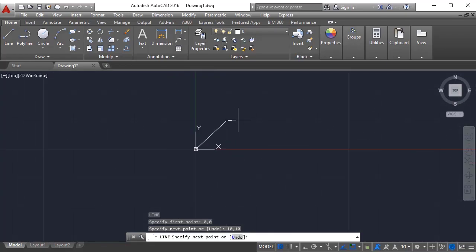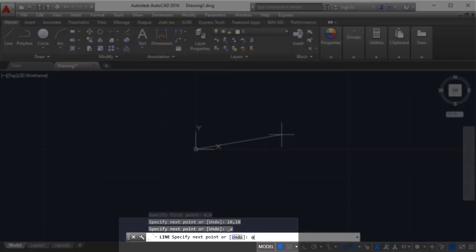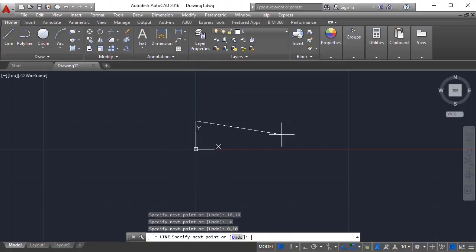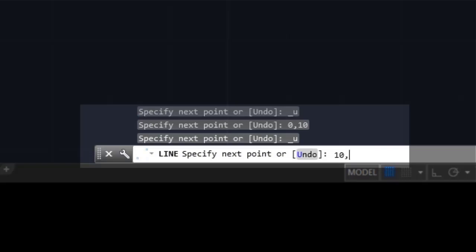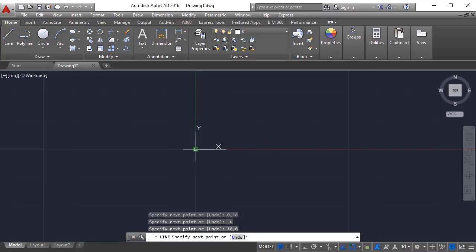You can see in the graph itself, from 0 it's 10 units in this direction and 10 units in this direction. The point is located at this location. If I specify 0, 10, the x value will be 0 and the y value will be 10 units. If I specify 10, 0, the x value will be 10 units and the y value 0. That is why the point is located over here.